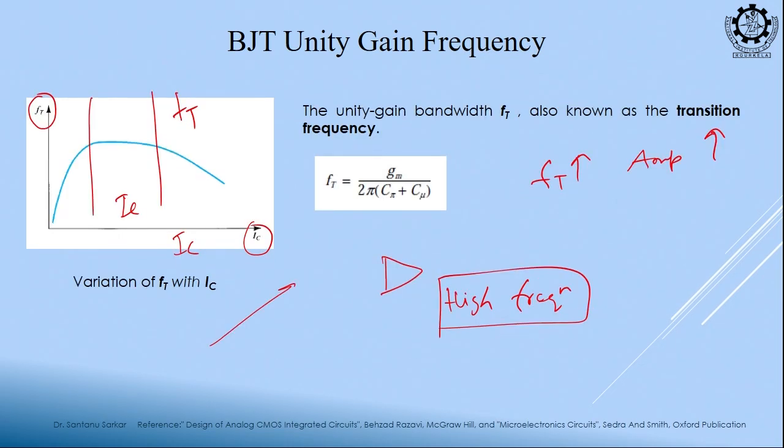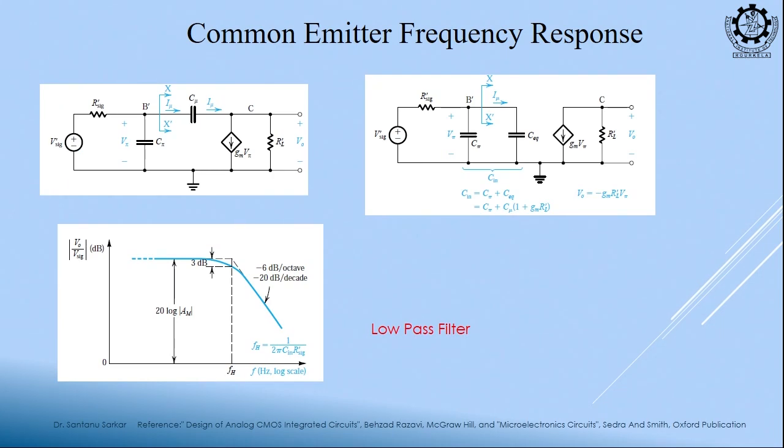So, the pole we were getting, we discussed this in previous cases also, this cutoff frequency, is due to what? High frequency cutoff frequency is due to which capacitances? Internal capacitances, because internal capacitances take effect at high frequency.